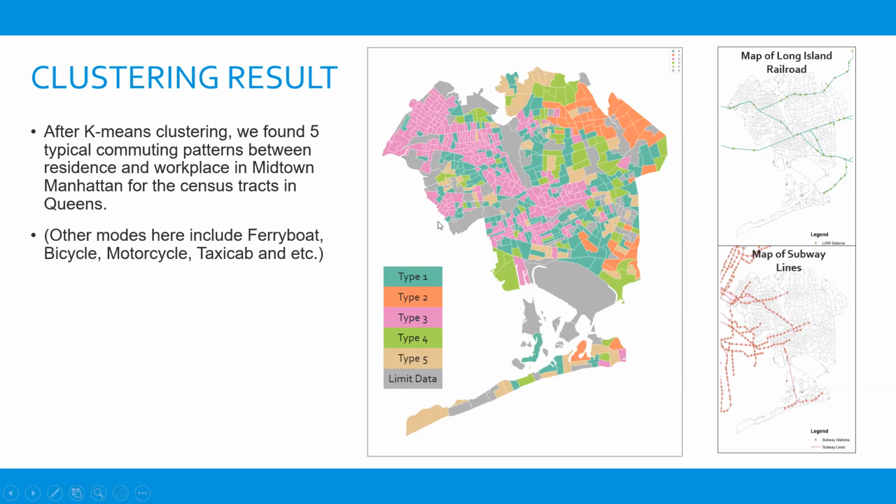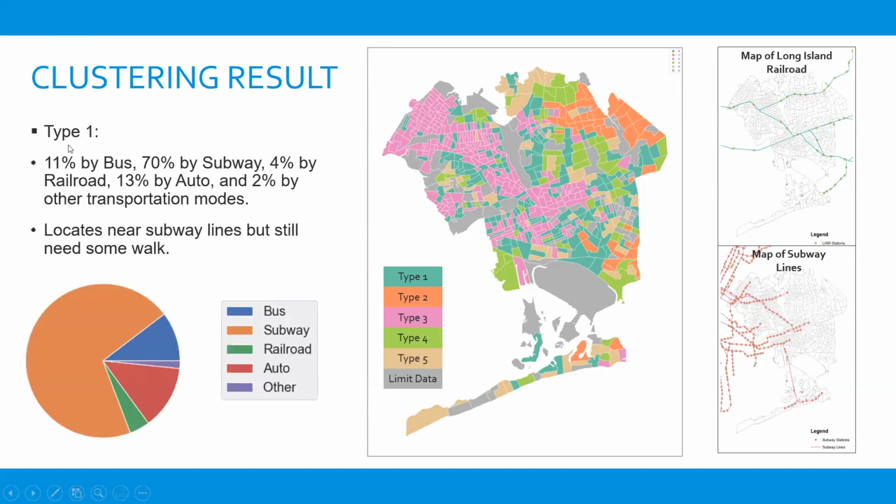And then we're gonna take a deeper look into different categories. So category 1, type 1. Those type 1 census tracts are the darker green ones shown on the map. They're not the nearest, but they're a second nearest to the subway line.